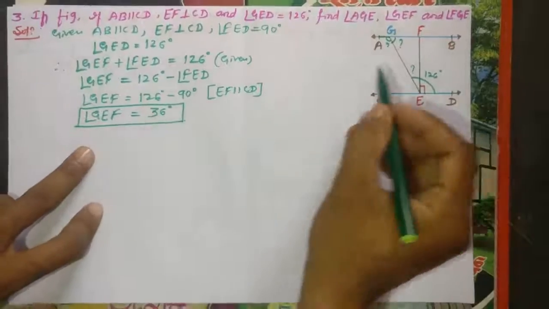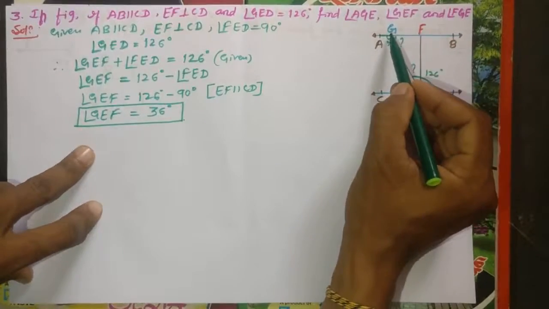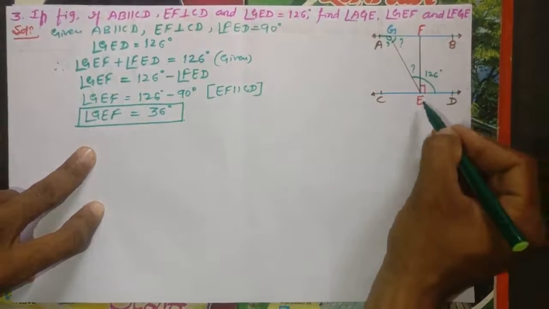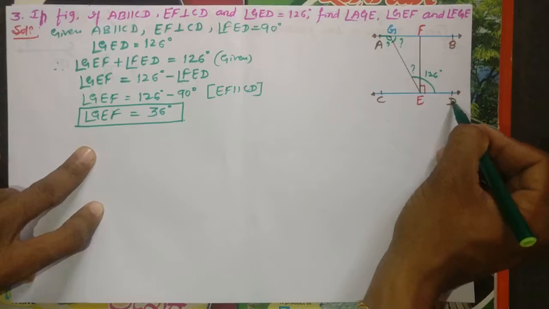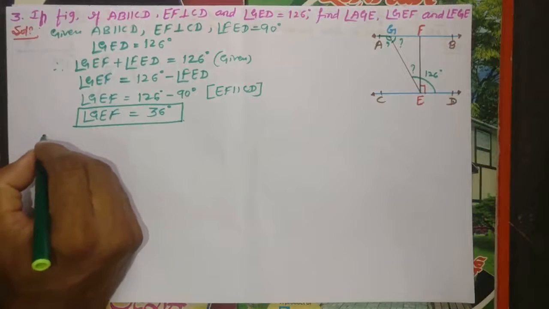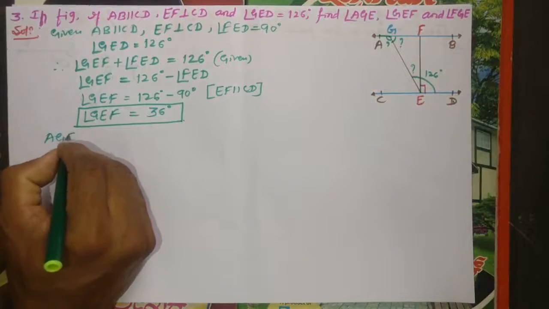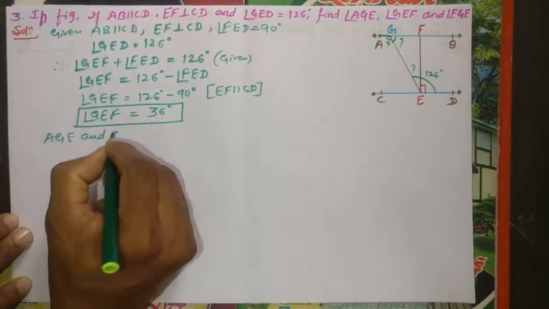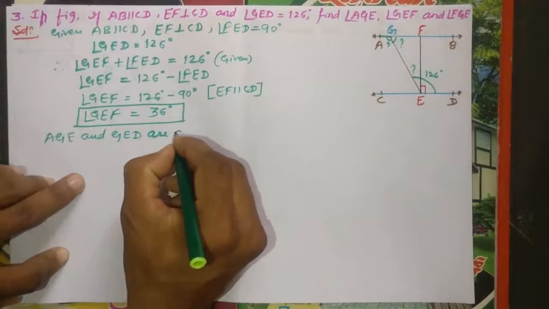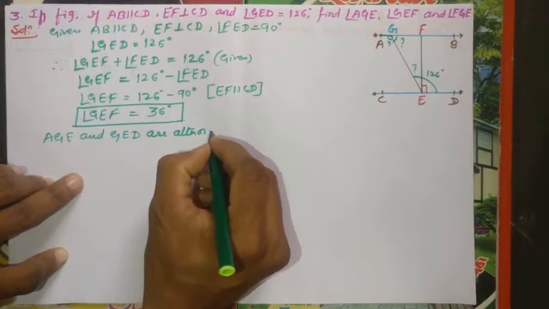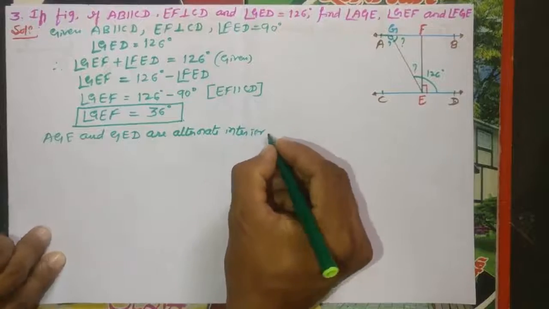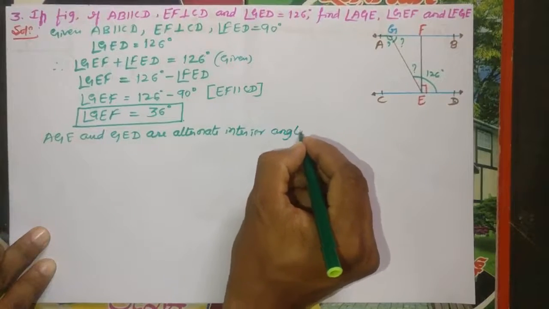Now AGE. AGE is equal to GED, because AGE and GED are alternate interior angles.